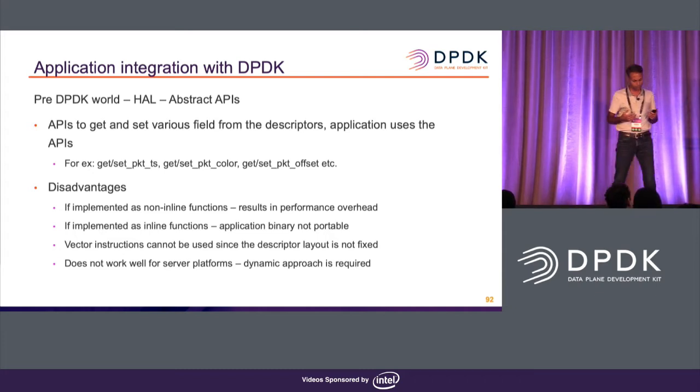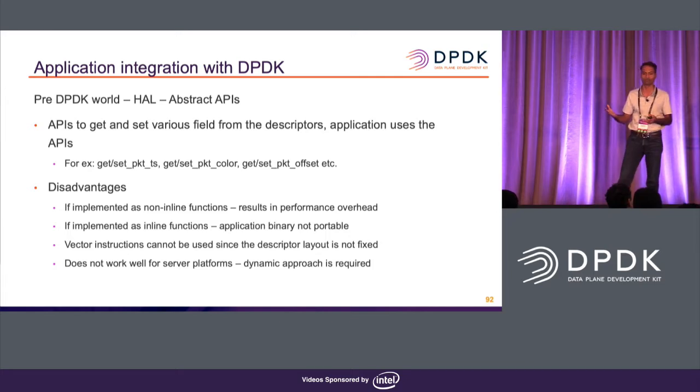The other issue I find is that you cannot use vector instructions anymore, because there is no fixed format of the descriptor that the application is aware of, so it cannot use vector instructions to access those fields.